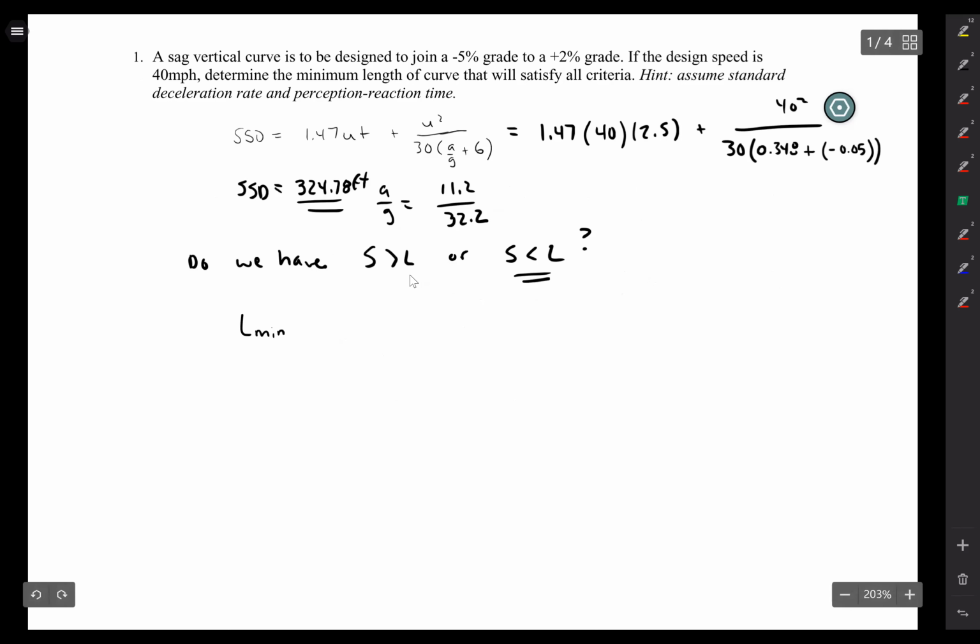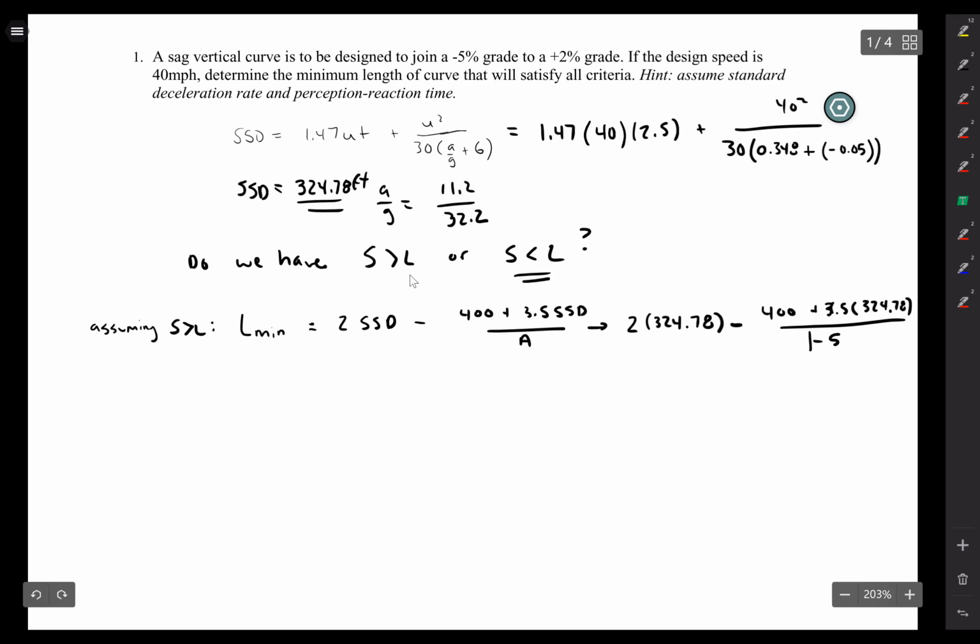So assuming S greater than L, my minimum length of curve would be 2 times the stopping sight distance minus 400 plus 3.5 times the stopping sight distance over A, which gives me 2 times 324.78 minus 400 plus 3.5 times 324.78, over the algebraic difference between -5 and +2, which would be 7. So L min is 430.3 feet.